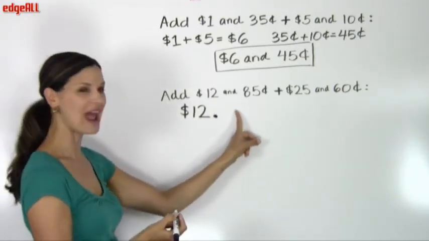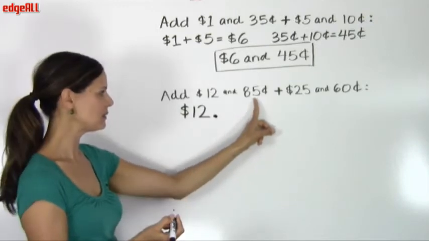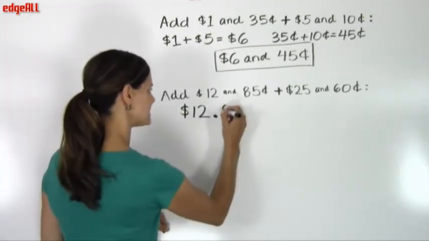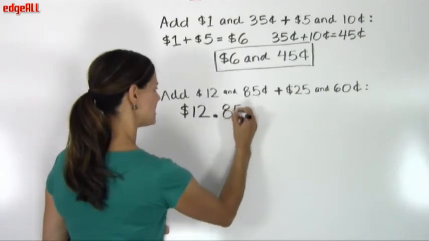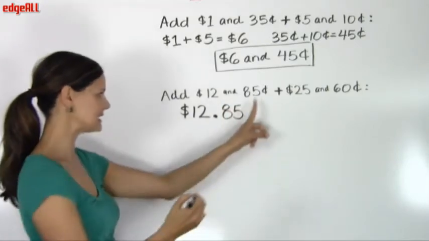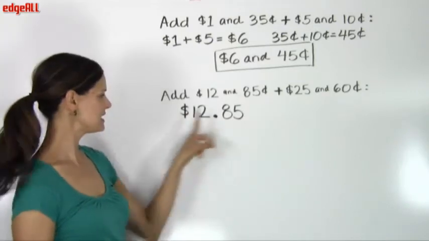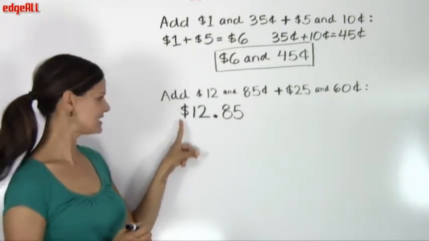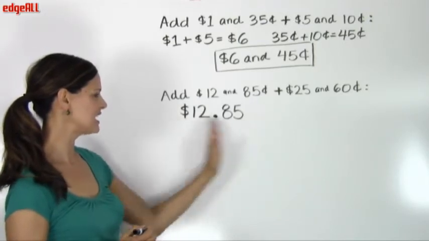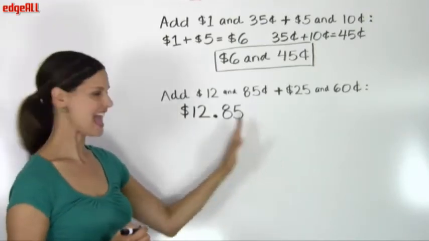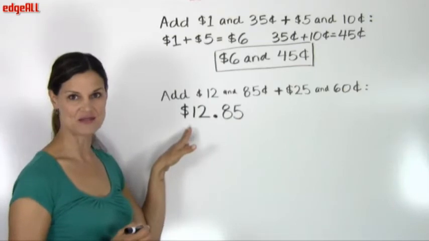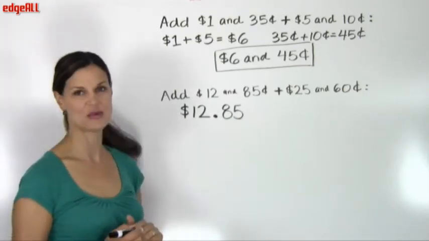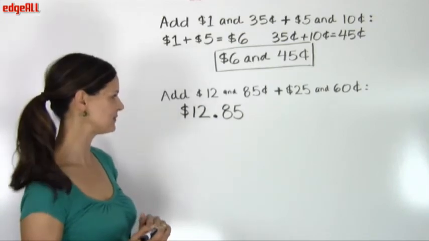And then to the right of the point, we place our cents amount, 85 cents. But I don't need to write a cents symbol after that, because since I've put my dollar sign symbol in front, that tells me that this is having to do with money, and that everything to the left of the point is the dollar amount, and everything to the right of the point is the cents amount.